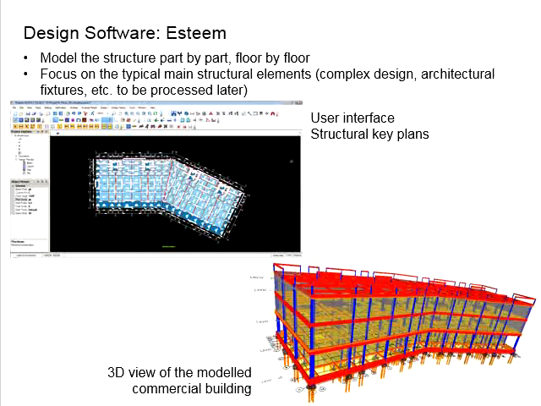When you do this modeling, you should expect a lot of trial and error. Normally, I will recommend you to model the structures part by part, floor by floor. The reason is that it is easier for you to detect if there is any problem with the structural integrity. Once you confirm part of the structures are okay, then you extend the region that you model.